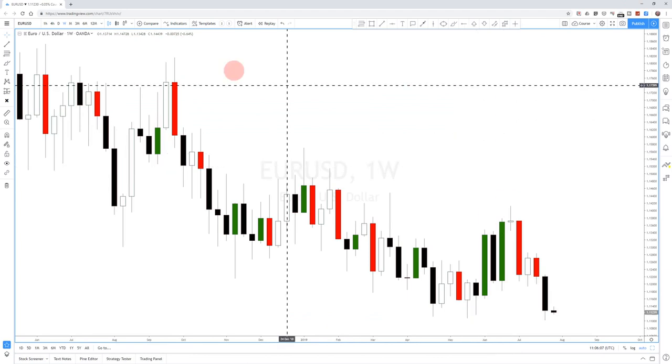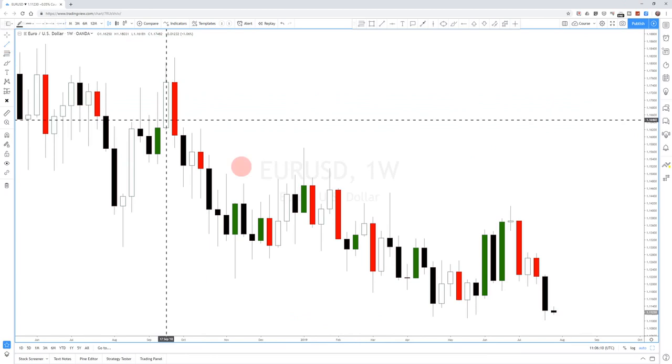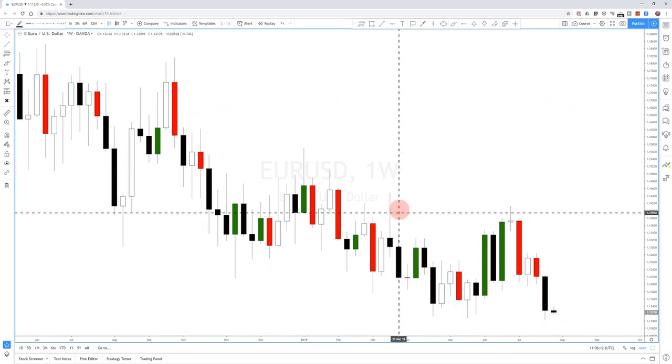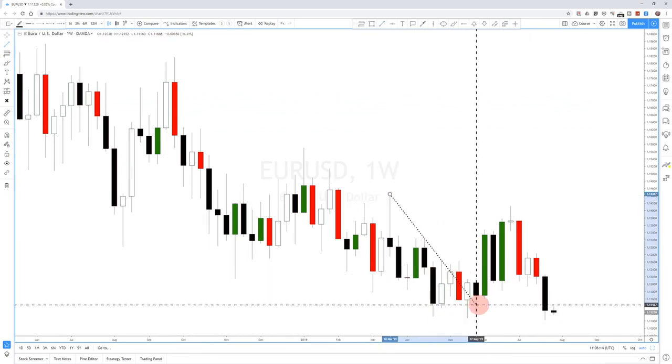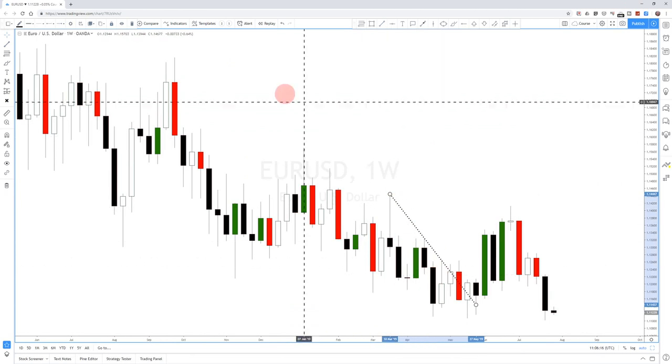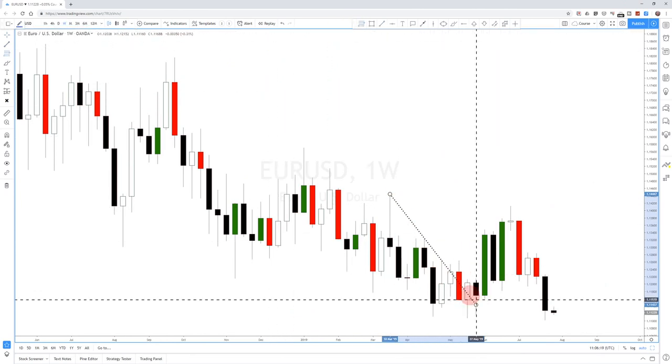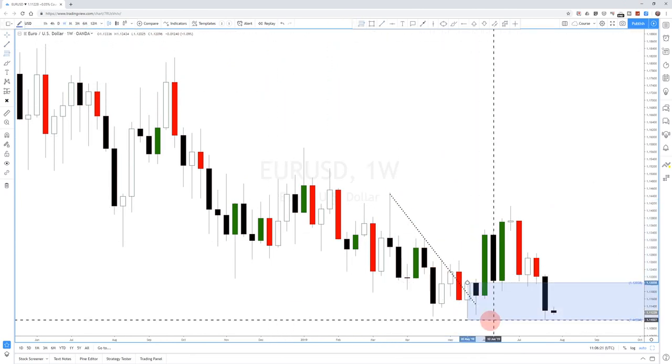We have already learned how to draw a trend line, so we are going to connect the latest two trend lines. So we've got this one over here connecting this peak and this peak, so the break of the trend line creates a new imbalance.